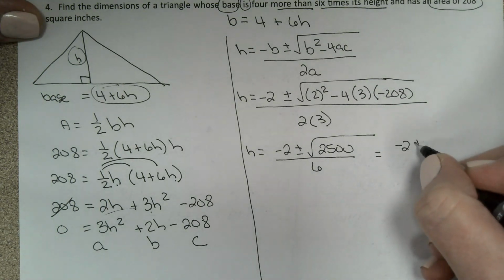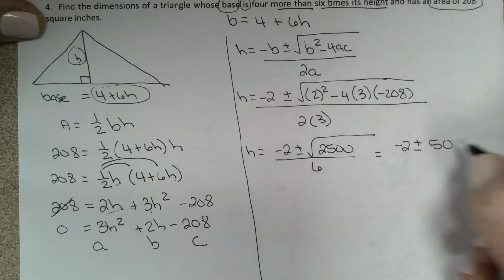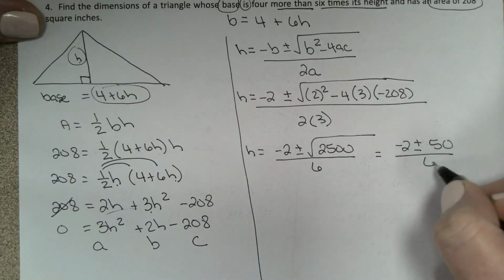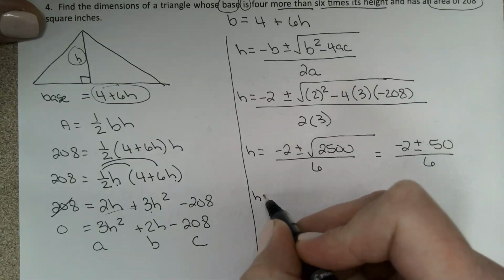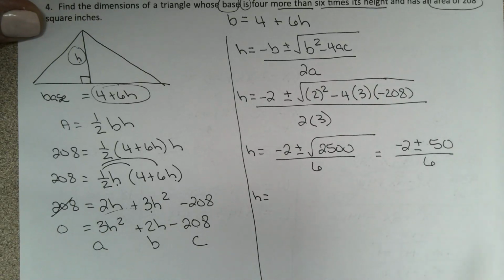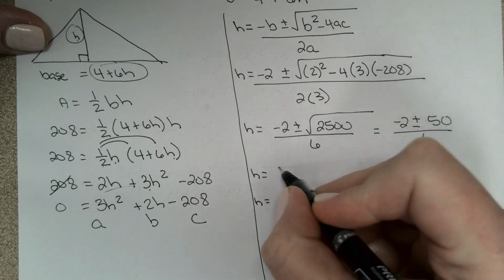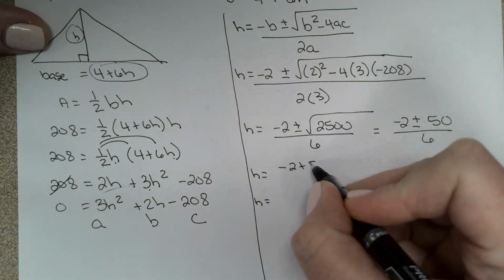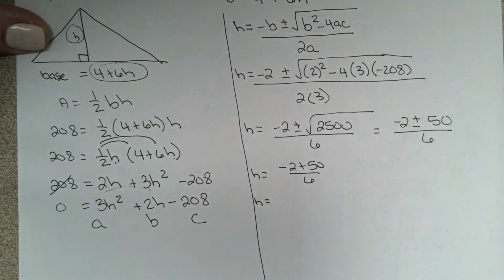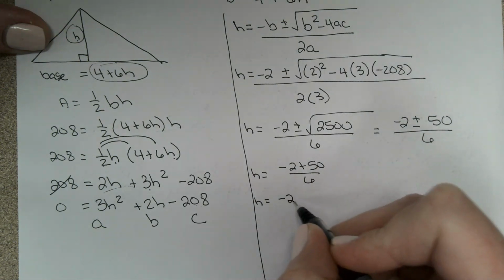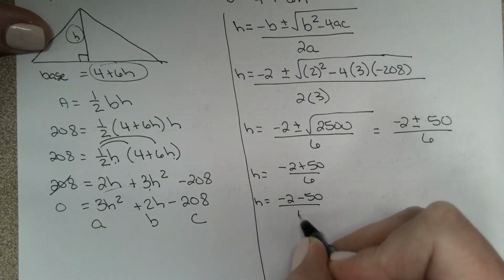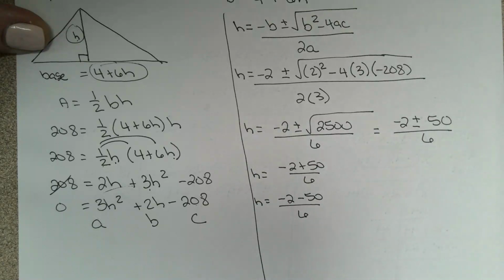So you get negative 2 plus or minus 50 over 6. So the plus or minus we have to split up. That's what's going to give me my two answers. So the one answer is negative 2 plus 50 divided by 6. And the other answer is negative 2 minus 50 divided by 6.